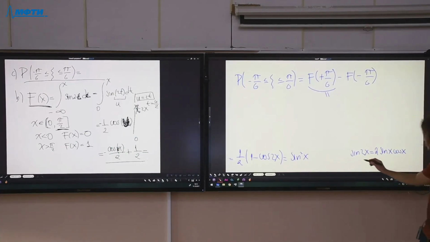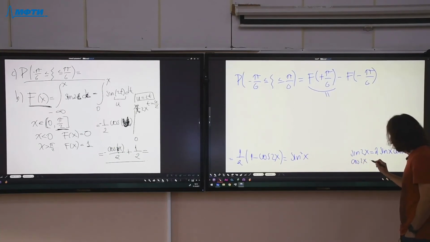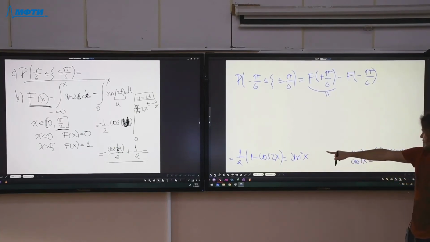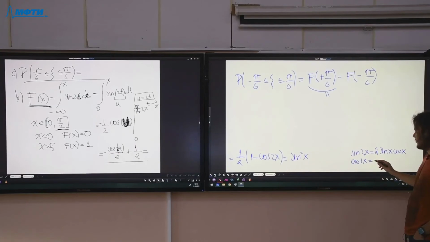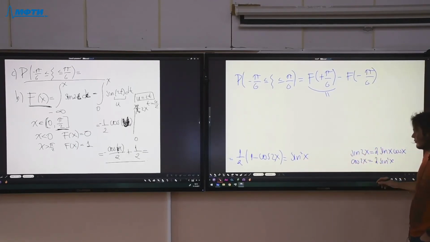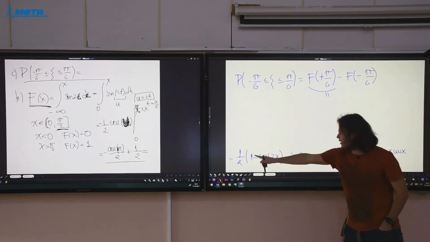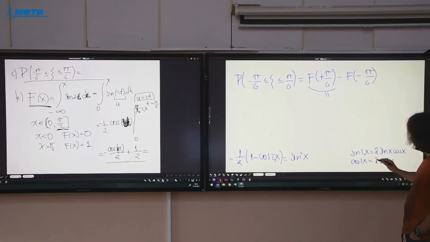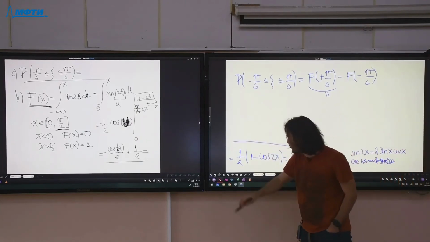And cosine of 2x is, well, you can see it from here, how much? Well, this is not enough. But we are dividing by 2, so here is something else. Anyway, don't forget about trigonometry. It's going to be useful here.